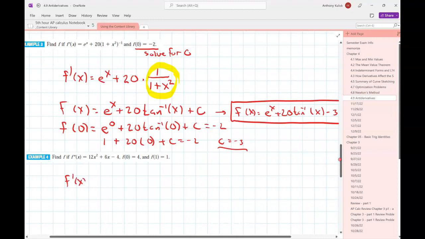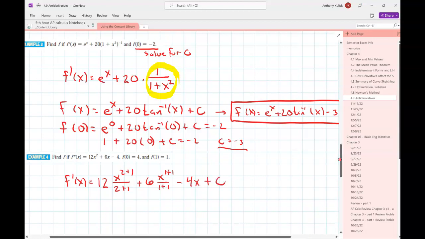Well, let's start by turning the second derivative into the first derivative. So x squared, the antiderivative is x cubed over 3. And the antiderivative of x is x squared over 2. And the antiderivative of 4 is 4x.